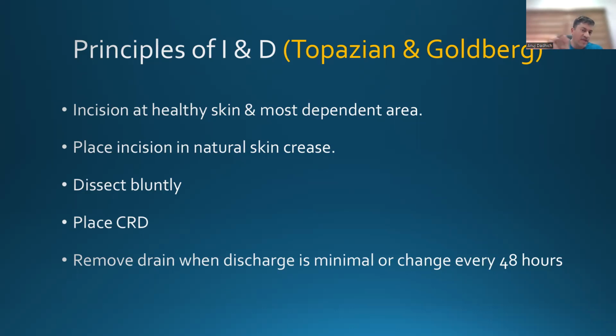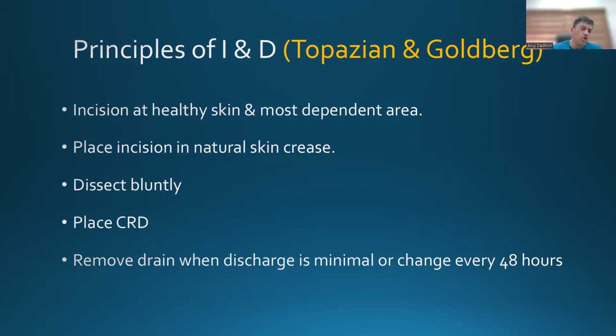Never make an incision in the skin which is most prominent, the thinnest possible area where the thickness of the skin is minimum. If we make an incision there, it will heal with very bad scarring and will not give us an aesthetic outcome. So the incision should be made in healthy skin, in the most dependent area, and not in the most prominent area.